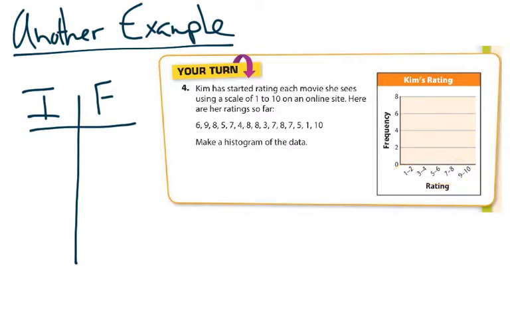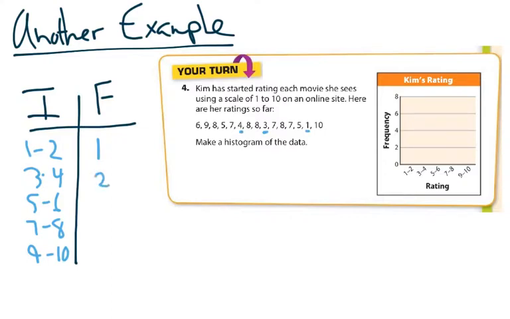Okay, so my intervals are going to be 1 to 2, 3 to 4, 5 to 6, 7 to 8, and 9 to 10. Now it's just about counting. So 1 to 2, I have 1, and that's it. So that happened once. 3 to 4, 1, 2.